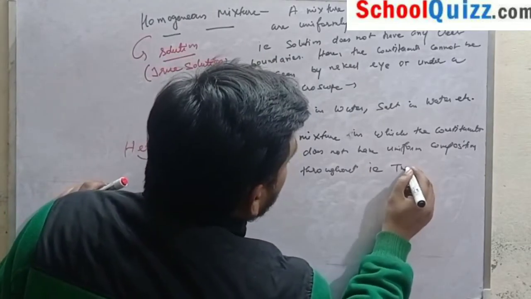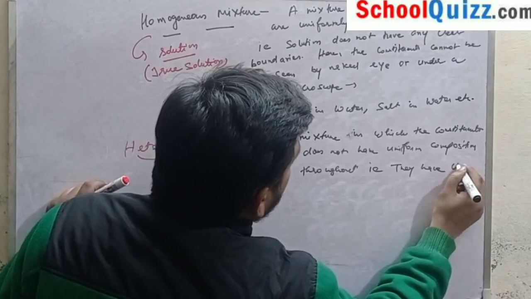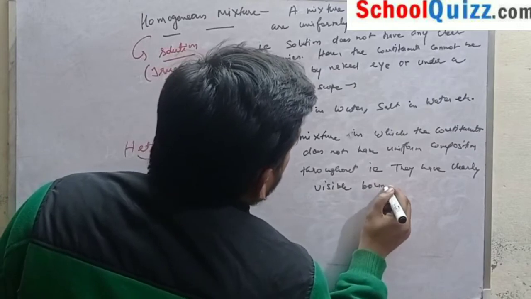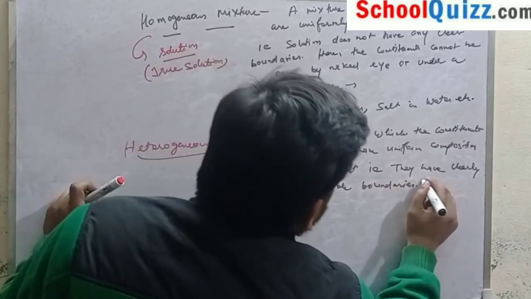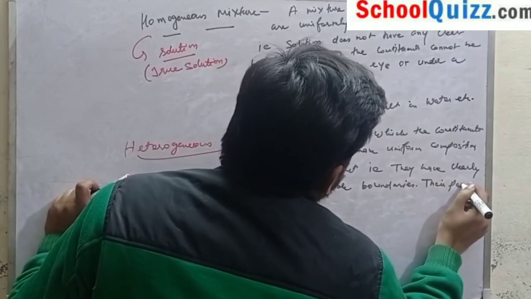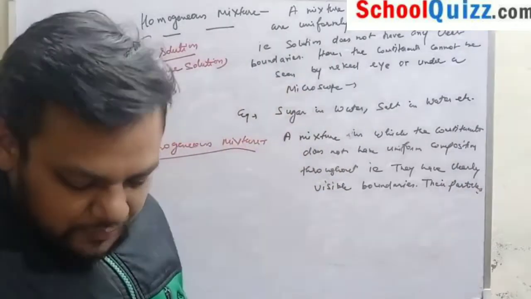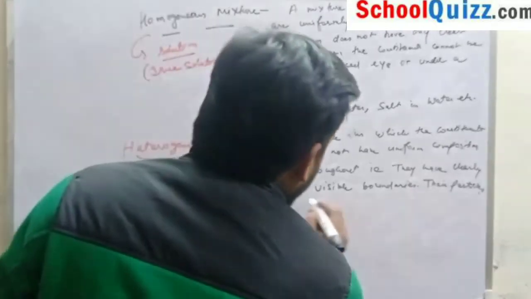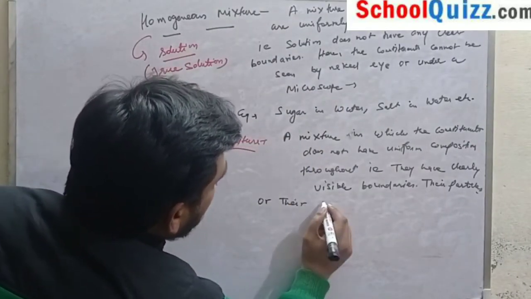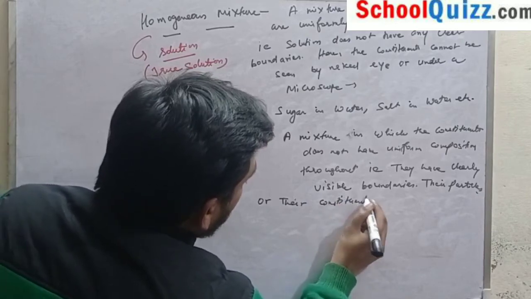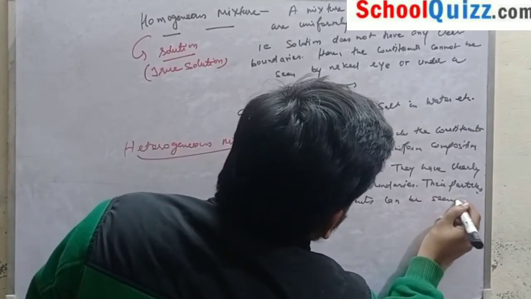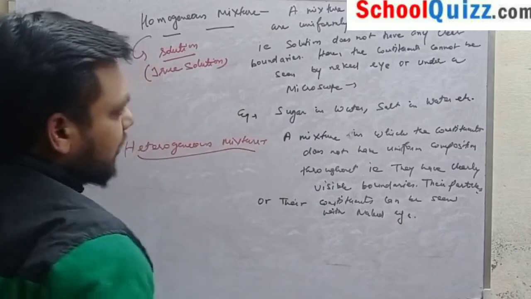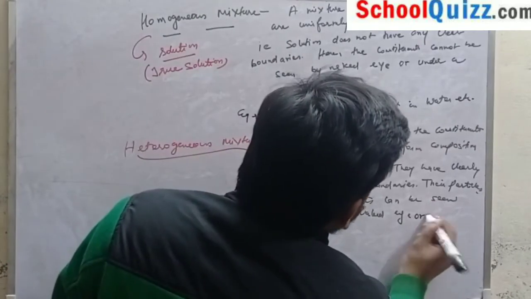That is, they have clearly visible boundaries, and their particles or constituents can be seen with the naked eye or under a microscope.